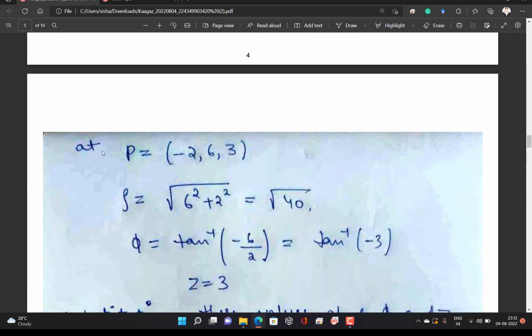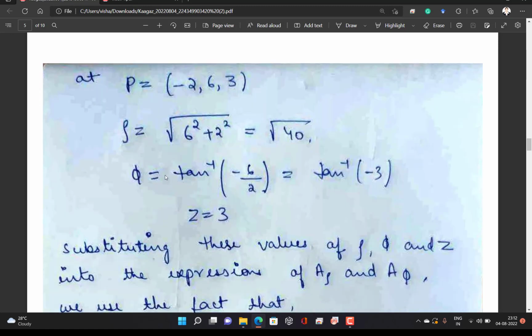Okay. Now we know at point P (-2, 6, 3), rho will be under root of 6 square plus 2 square, that is under root 40. Phi will be tan inverse of 6 upon minus 2, that is tan inverse of minus 3, and here z is 3.